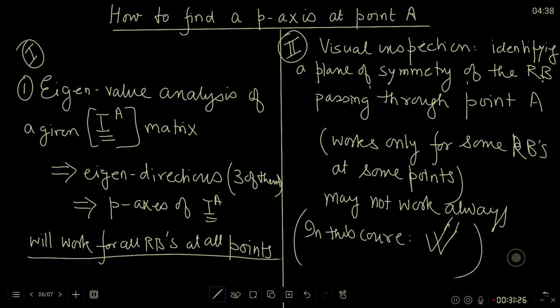Since I am not going to ask you anything about eigenvalue analysis, I am not going into any further details of method 1. And since I am going to ask you to identify some principal axes using method 2, I need to tell you how exactly you use visual inspection, how exactly method 2 works. I will explain it.